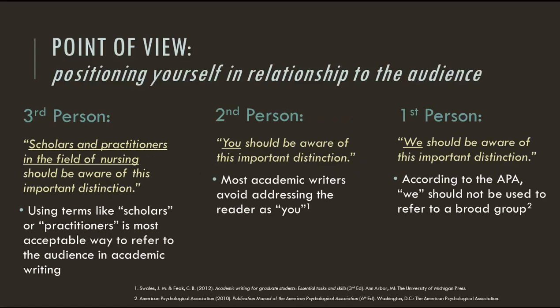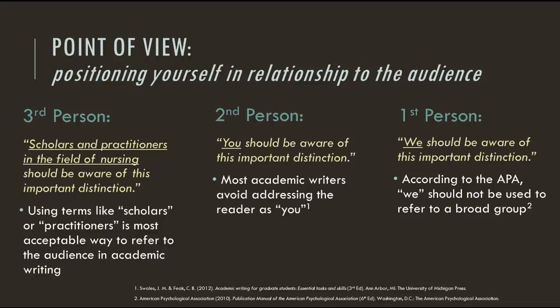Writers' choices regarding point of view also influence the way they address their readers. In most fields, using third person is the preferred way to address the audience. For example, if you're writing to an audience of nurses, you might say, "Scholars and practitioners in the field of nursing should be aware of this important distinction."